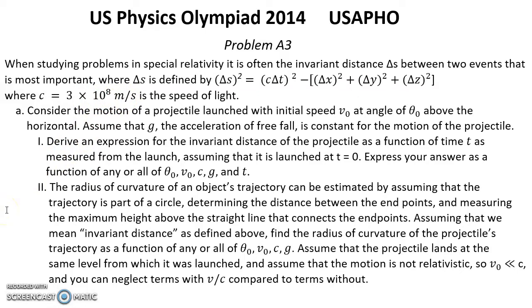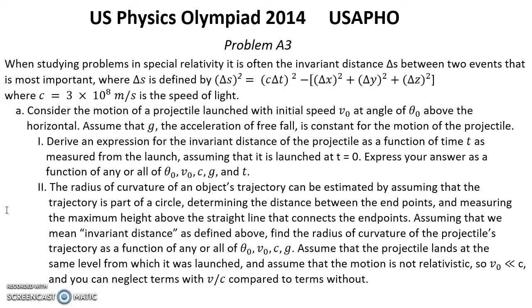Question A. Consider the motion of a projectile launched with the initial speed v0 at an angle of theta 0 above the horizontal. Assume that g, the acceleration of free fall, is constant for the motion of the projectile.